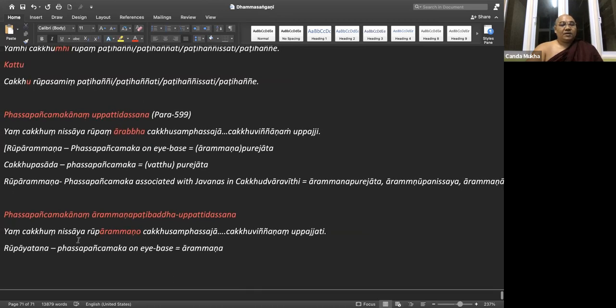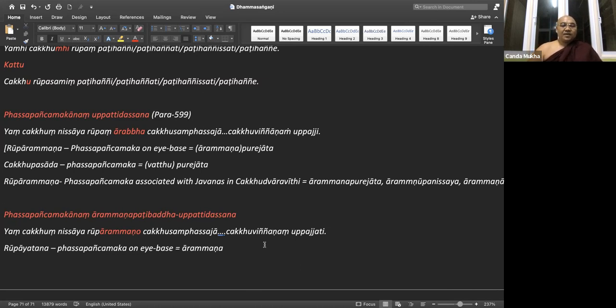So the Pali in the Dhammasaṅgaṇī is: Yang Jakho Nisaya Ruparamano, Jakhu Samphasaja Upajati, Jakhu Samphasaja Vedana Sanya Chidana, and then Jakhu Vinyanan Upajati.